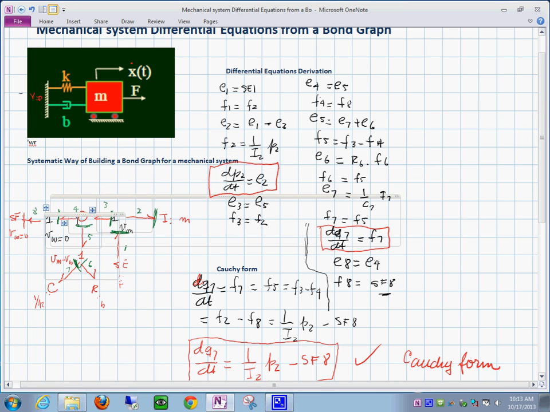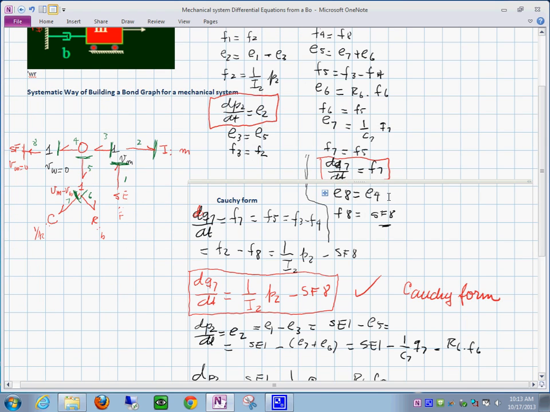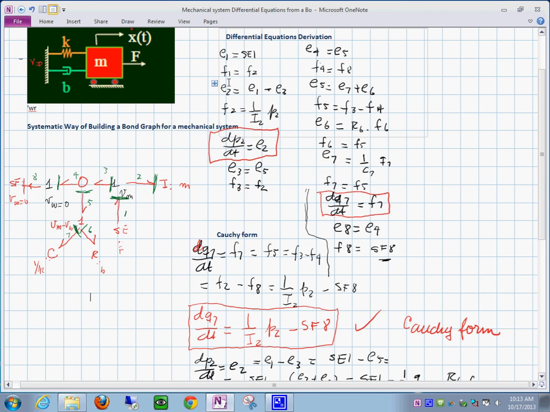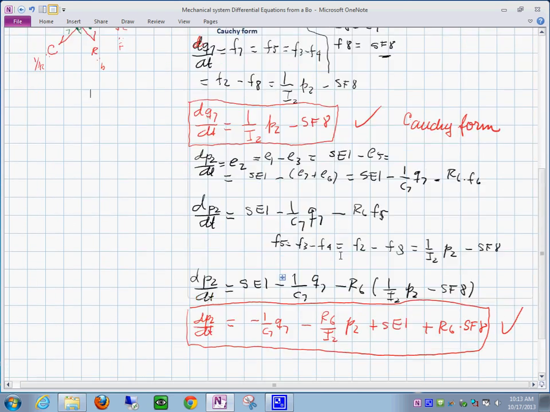Then I went into each bond and wrote the individual constitutive relations of the elements. After that, I took the two differential equations that were generated and did a backward substitution based on the little table in here to come up with the two equations, which are the Cauchy form of the equations.